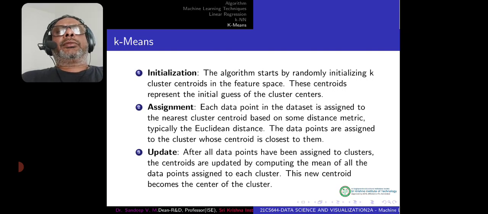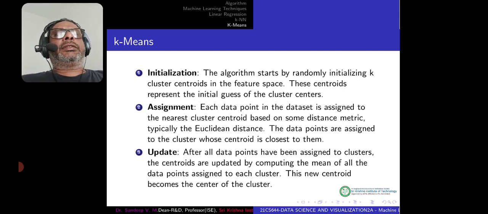In k-means, we first initialize the algorithm by randomly initializing k cluster centroids in the feature space. These centroids represent the initial guess of the cluster centers. Then assign each data point in the data set to the nearest cluster centroid based on some distance metric.